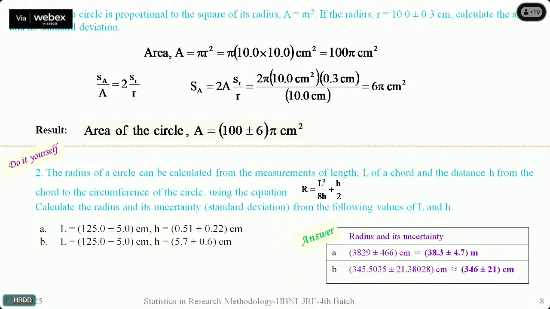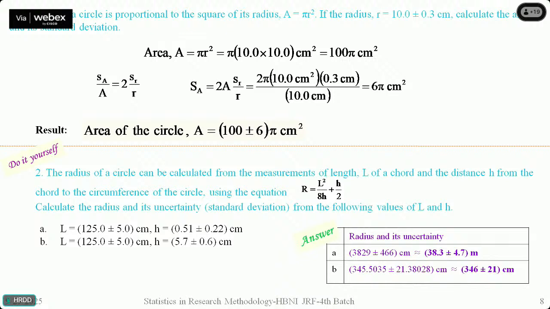Since it was L square, we had to do that operation. H is a singular variable as such. It will be a division operation. There you have to apply that error propagation. L square is the numerator. That is why I have written numerator. Numerator by denominator, that is a division operation. There again, relative variances are additive.